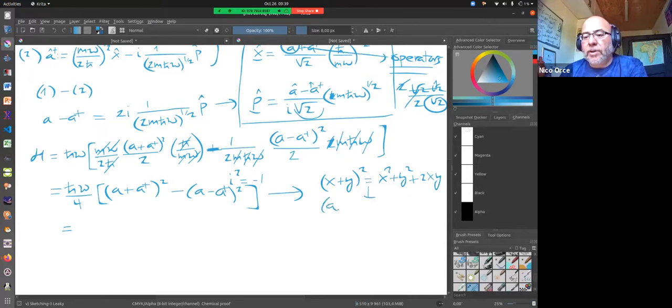When you have operators like (a plus a dagger) squared, then this is a dagger squared plus a squared plus a dagger a plus a a dagger, right? This is not the same as 2a dagger a.